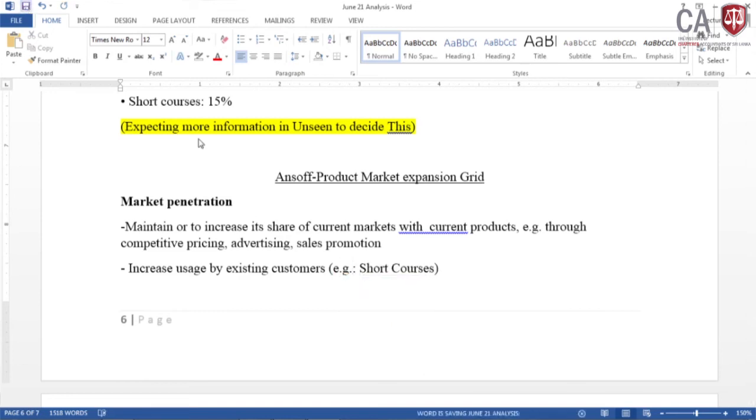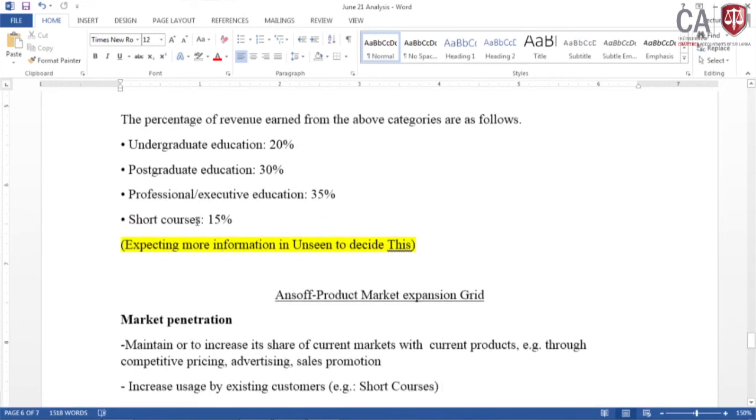Maybe some discount scheme. So they can apply this market penetration strategy, increase usage by existing customers. People who come for undergraduate education, for example, can be offered short courses like English development or IT courses.